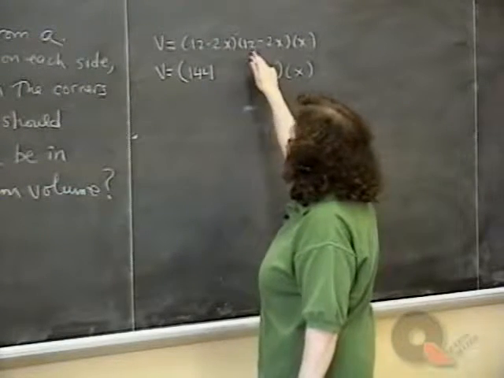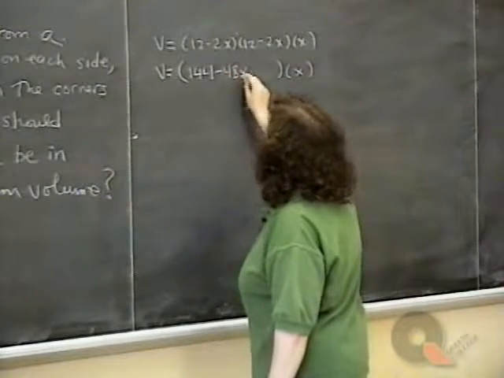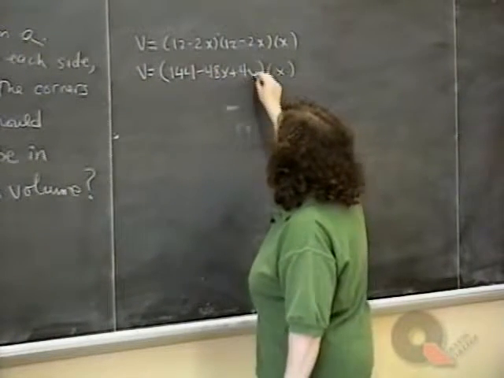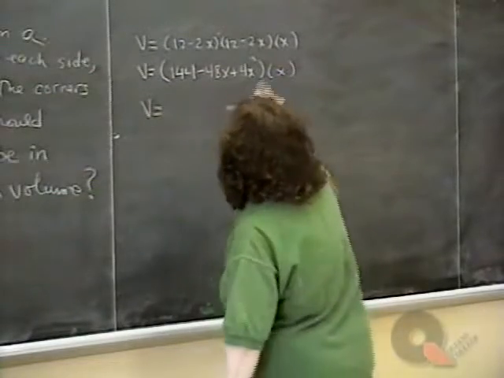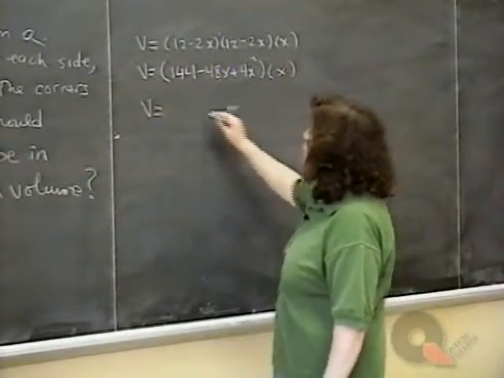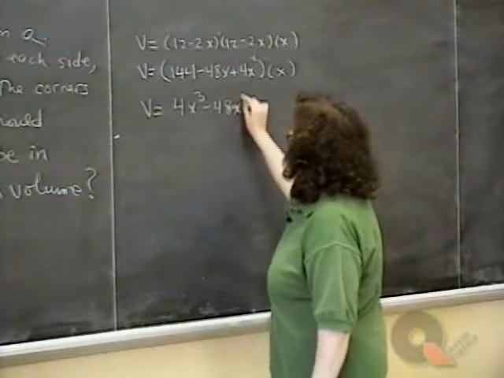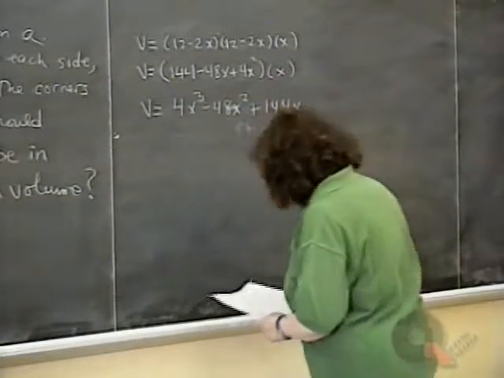The inner terms, again, minus 24x, so that's minus 48x. And the last terms, minus 2x times minus 2x is plus 4x squared. And now distributing the x through the parentheses and rearranging the terms, 4x cubed minus 48x squared plus 144x.